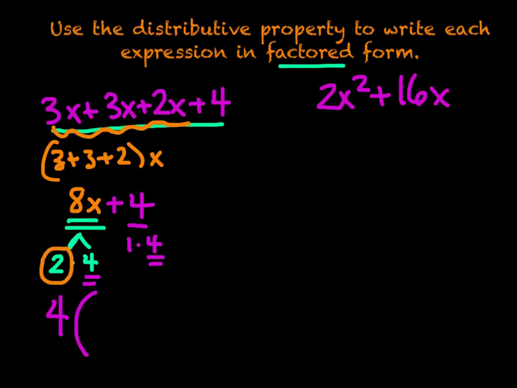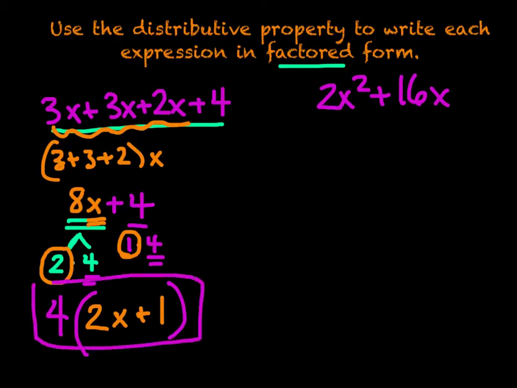So I'm leaving behind a 2, and I still have my x, so I have 2x. And in this other one, we're leaving behind the number 1. So here is my factored form, 4 times (2x plus 1). That is equivalent to 8x plus 4, which is also equivalent to this initial expression, 3x plus 3x plus 2x plus 4.